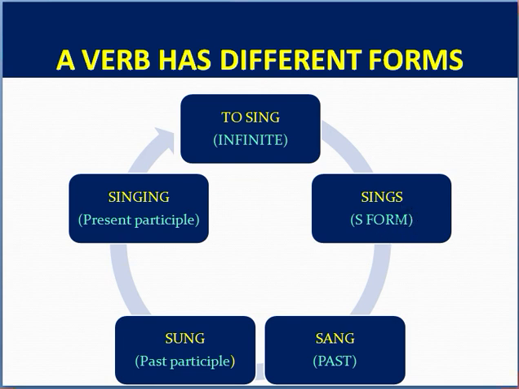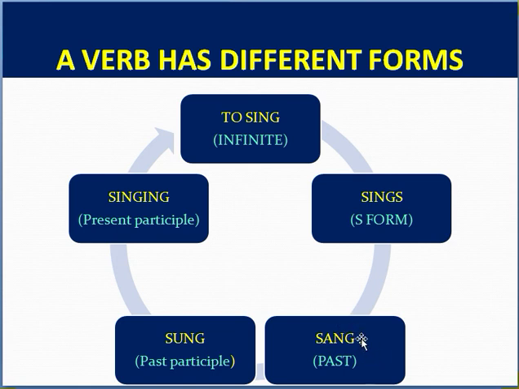It is also called the S form, which is used with the third person in a sentence, like he, she, or it. He sings, she sings, and it sings. Okay? So the S form is used with the singular third person.